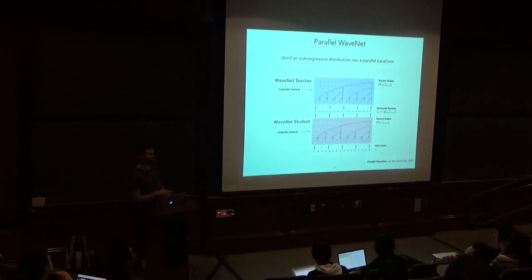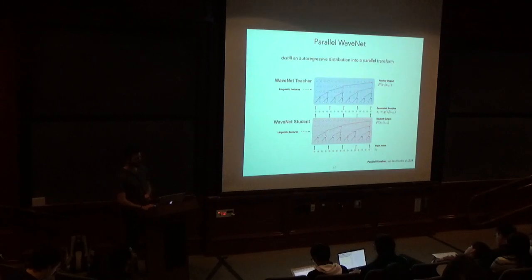But there's actually a really cool other application of this, which is for distilling an autoregressive model into a model that can be parameterized. We talked about Wavenet before, which is an autoregressive model that applies convolutions across a sequence of audio inputs. Sampling from that is very expensive because you have to sample each dimension, then use that dimension to sample the next dimension, and so on.